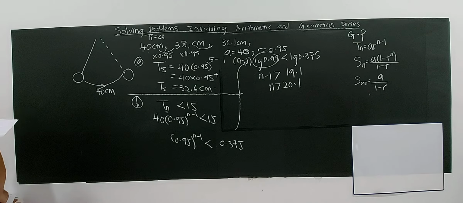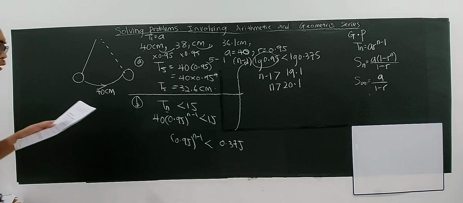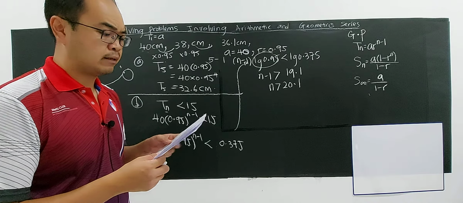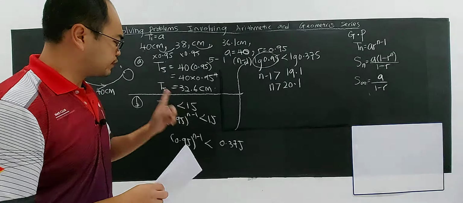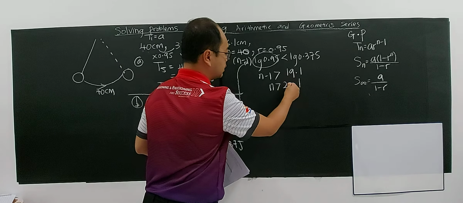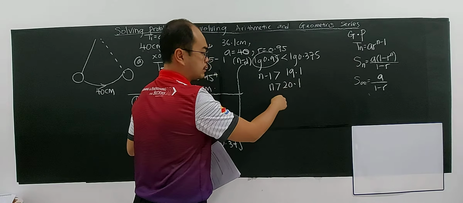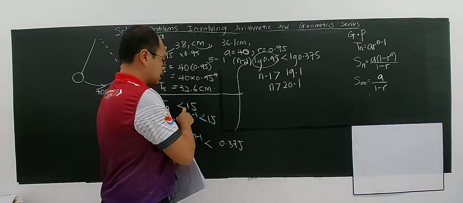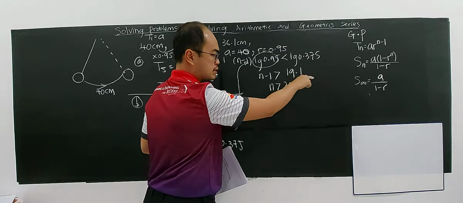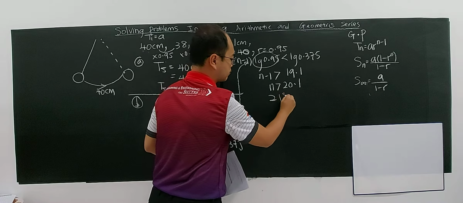So at which swing is the length of the arc of the pendulum less than 15 cm for the first time? It means that the 19th swing is still greater than 15. After 20 means the 21st swing.